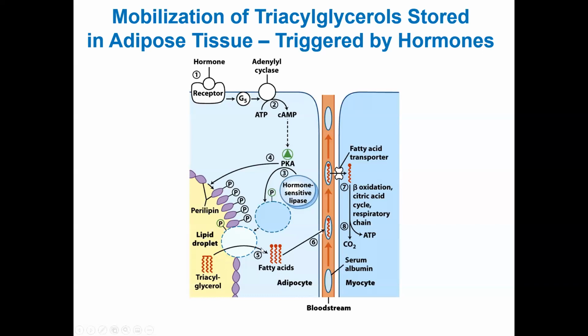Okay, so then in step 5, you are seeing that now you have individual fatty acids in the adipocytes. These individual fatty acids simply leave the adipocytes by diffusion. Concentration goes up, they diffuse out, and they go into the bloodstream, shown here in orange in the center.